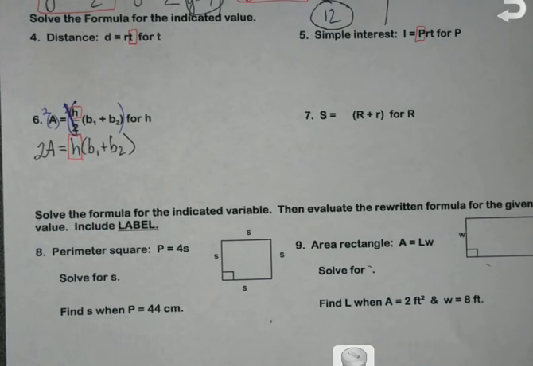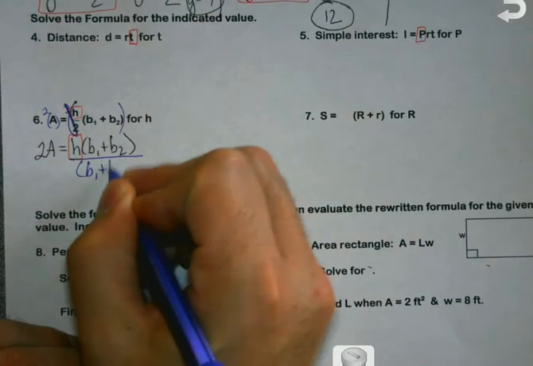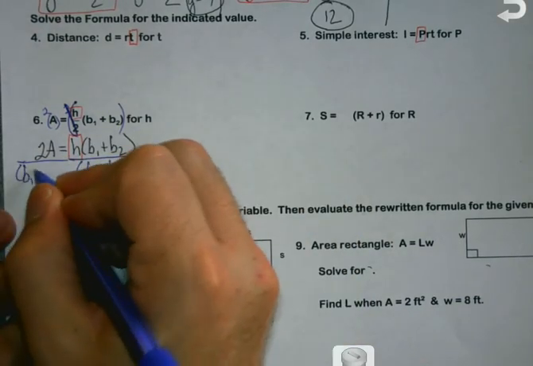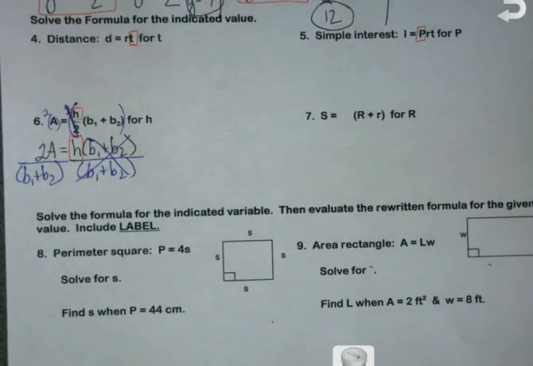Right now I'm multiplying h, again, by a set of parentheses. This quantity, b1 plus b2. So what would be the opposite of multiplying by the quantity? Divide. So don't make yourself extra work. You can divide by that whole set of parentheses. You don't have to do it piece by piece, because then that'll go away.